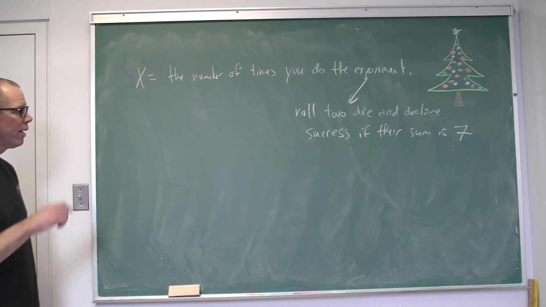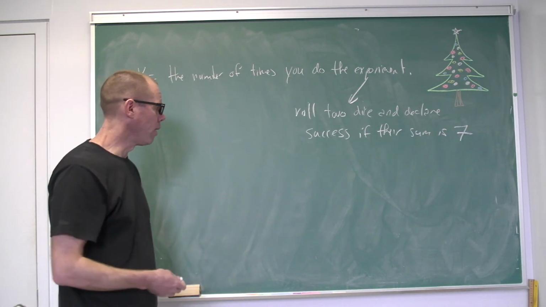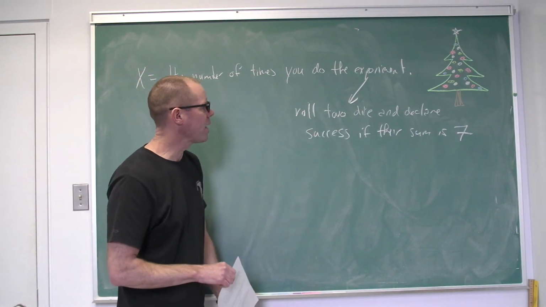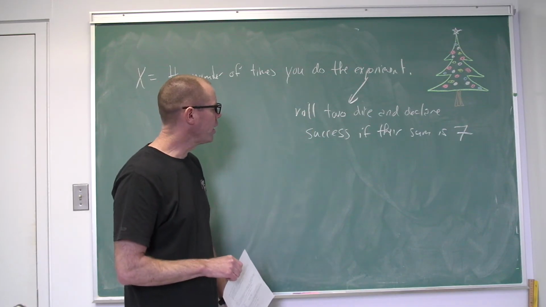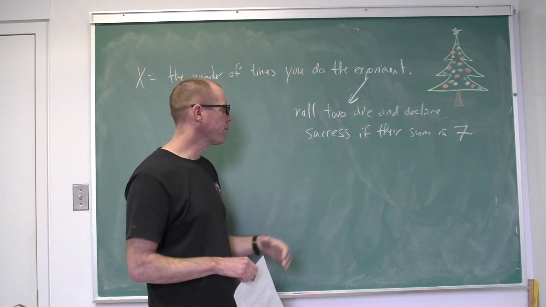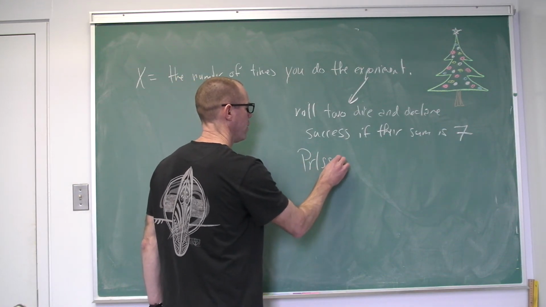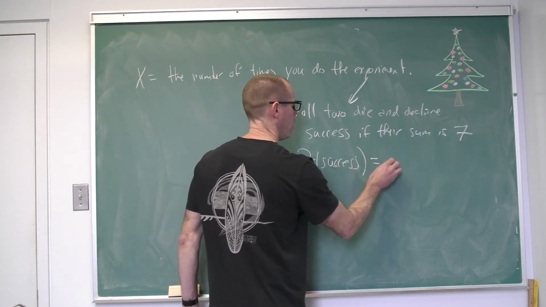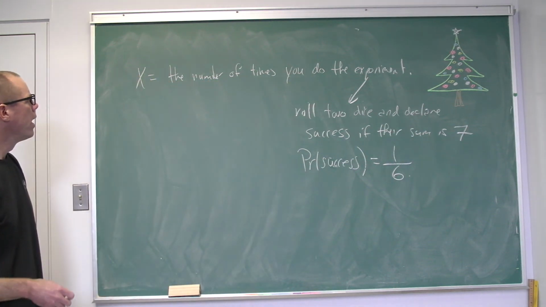Now, we saw in class, and more than once, or you can do it again yourself, when you roll 2 dice, there are 36 outcomes, and each of them is equally likely, and the number of those outcomes where the sum is equal to 7 is 6. So the probability of success when we roll these two dice is 6 over 36, or 1 out of 6.